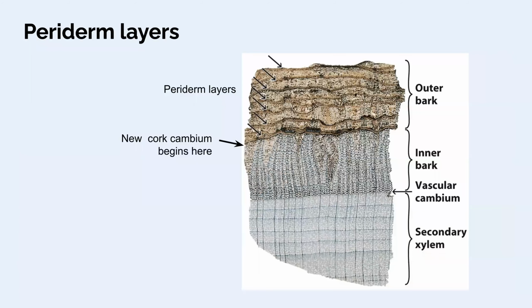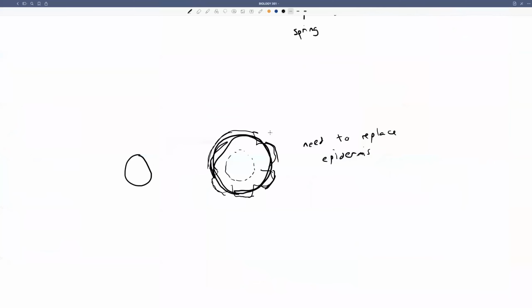So how is the new bark made? Well, it's made by the cork cambium, and it produces the bark toward the outside. And the thing is that the bark has to keep filling in. So kind of related again to this drawing, I kind of messed it all up with the extra layers of lines in here. But as the growth keeps happening toward the outside, the outer layer splits. It just has to do that from the physics of being forced open from the inside.